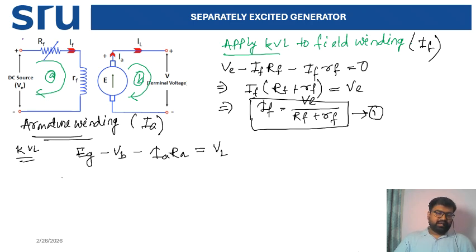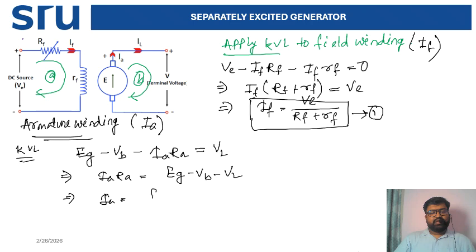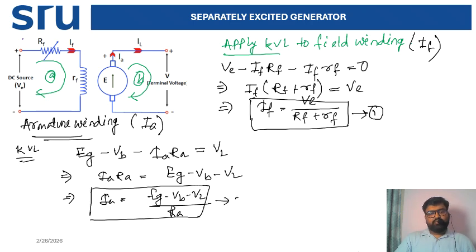Then what will happen? If you want to calculate this IA, then can I write IA equal to nothing but your generated EMF minus gross voltage drop minus VL by RA, if you calculate IA, put as equation number 2.